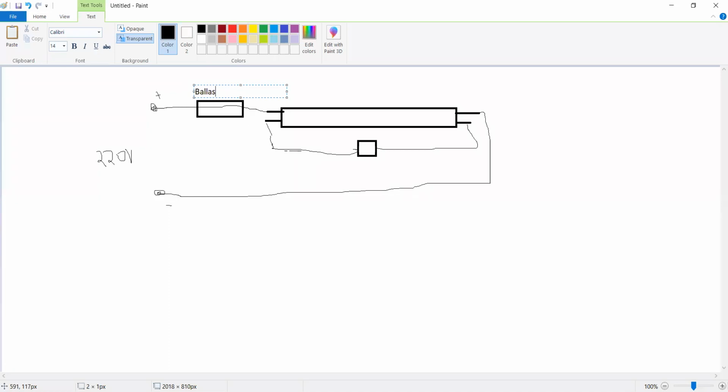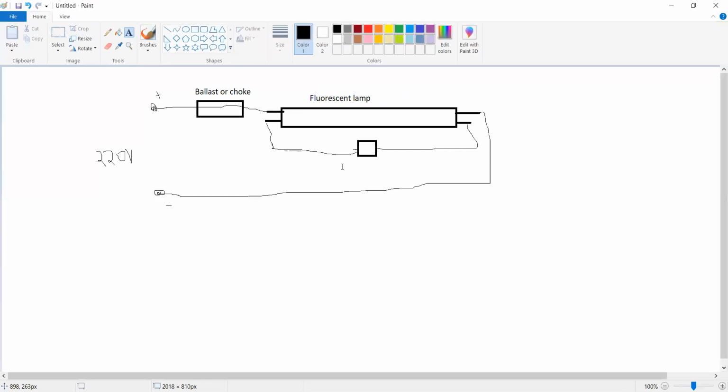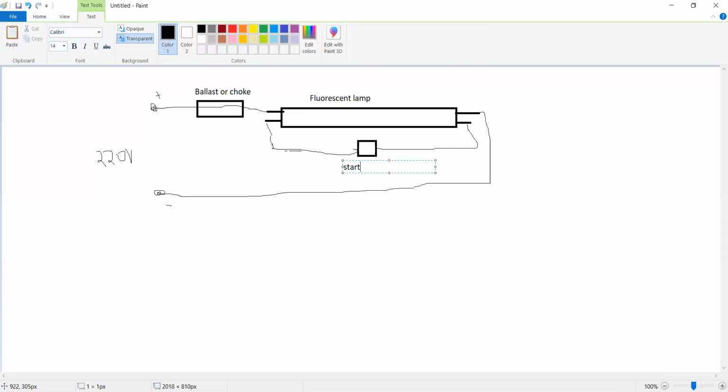This is ballast or choke. This is fluorescent lamp. This is starter. So this is the common circuit of a fluorescent lamp that is present in our home, right?